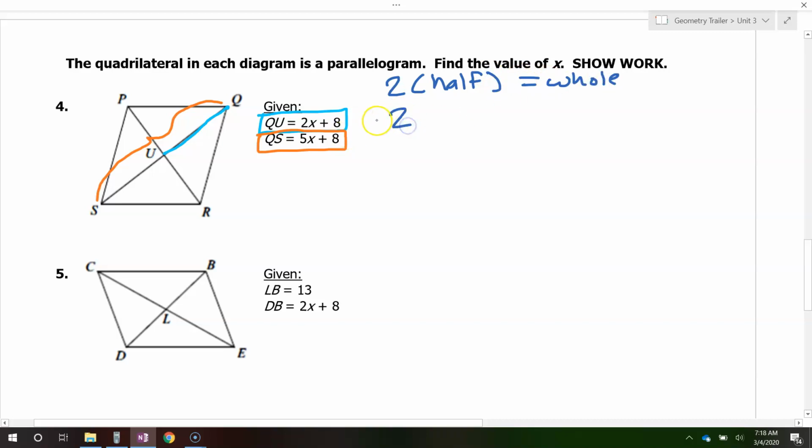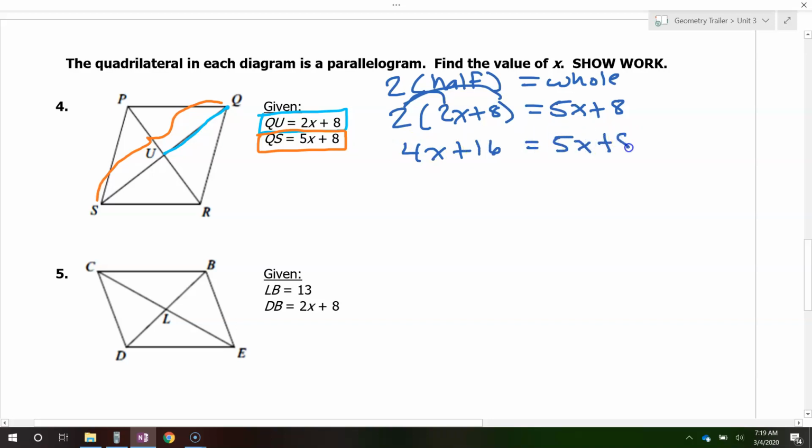Okay, so the half is the blue one here. So that's why I'm going to put the 2x plus 8 on the inside. The whole is the orange one, 5x plus 8. With a little distributive property, I will have 4x plus 16 is equal to 5x plus 8.